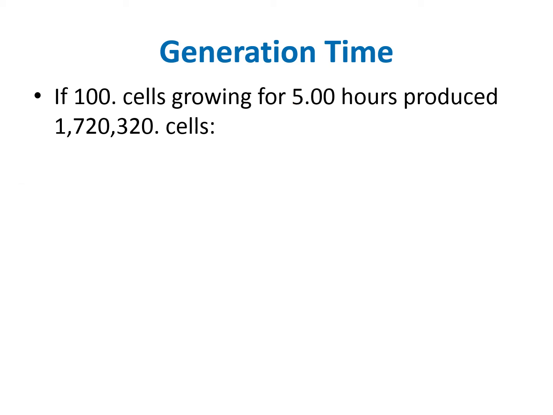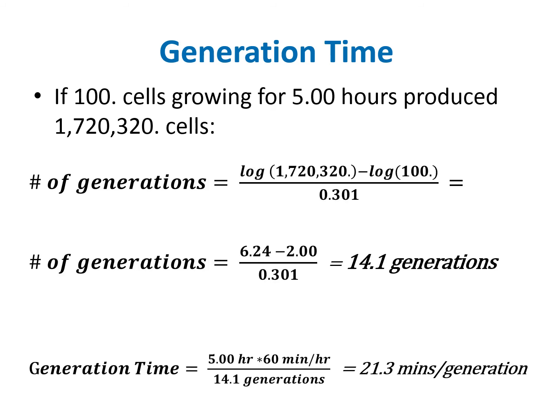Okay, so here's the problem. Here's the solution. So the first thing we had to do was figure out the number of generations. We took the log of 1,720,320 and subtracted the log of 100, then divided by 0.301. So depending upon your calculator, you can either put these numbers in first, so the 1,720,320, you put that in first and then press log, or if your calculator is like mine, you have to press log first and then put your number in.